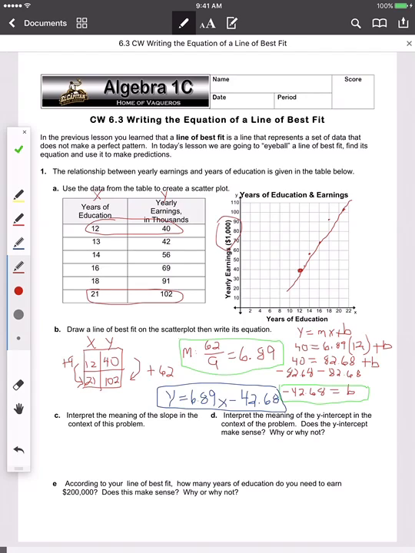So there's an increase of $6.89 thousand, so $6,890 for each year of education.